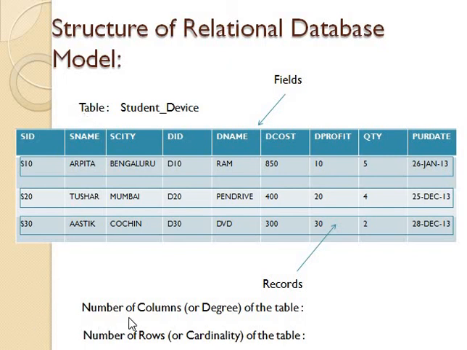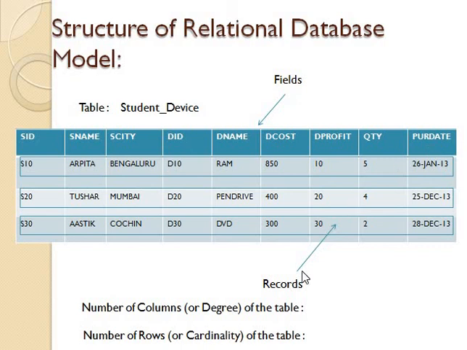Now it is very easy to find the number of columns of the table. We also say the number of columns is the degree of the table. Now considering this table, how many columns do we have? For SID, SNAME, SCT till PUR date, just count it: 1, 2, up to 8, 9.